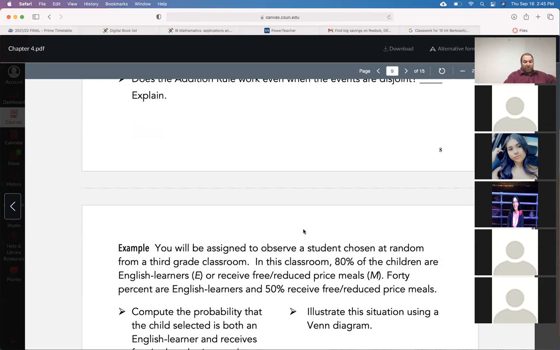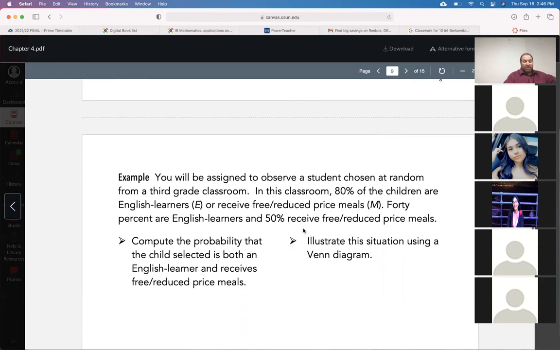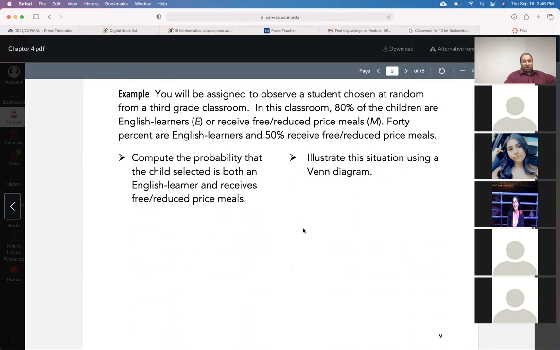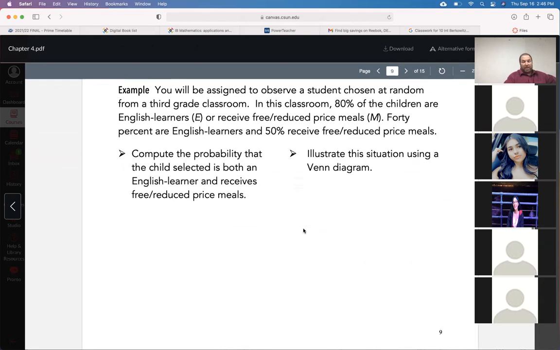Compute the probability that the child selected is both an English learner and receives free/reduced price meals. And let's also illustrate the situation using a Venn diagram. Oh, and that's the end of the section.